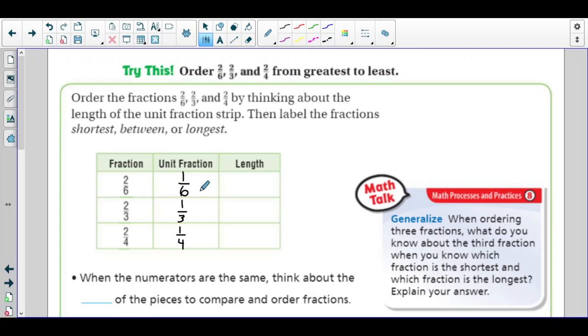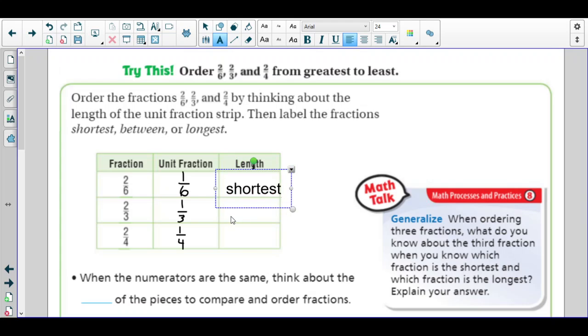If I have $1 million and I'm going to split it among 6 people, am I going to get as much money as if I split it between 3 people or 4 people? So remember, this kind of has that backwards relationship here. So 1/6 is the shortest distance. 1/3 is the longest distance. And because of that, we know which one is the in between.